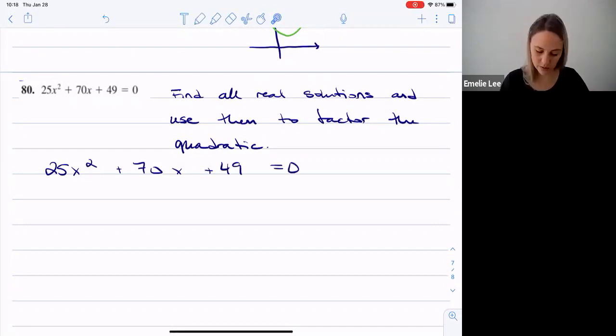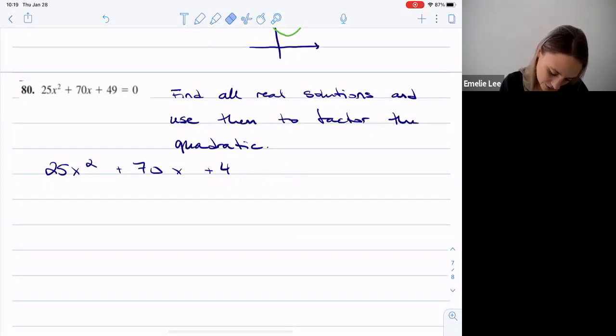The first thing you want to do is make sure that it's set equal to 0. Just for illustrative purposes, let's say that instead of plus 49, it was plus 40 and then equals -9, right?